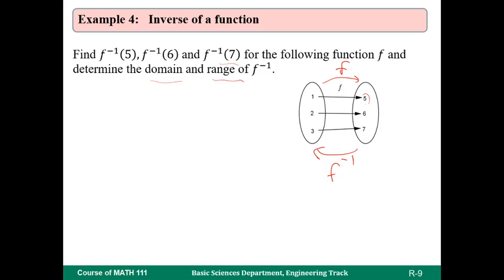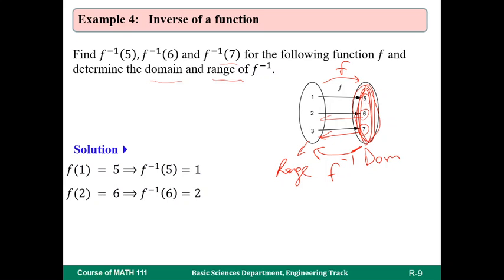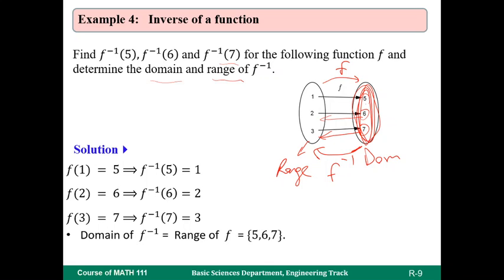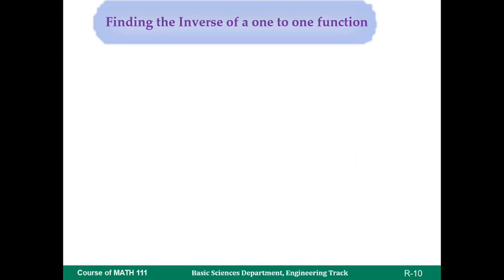It goes back to 1, 6 goes back to 2, and 7 goes back to 3. And what about the domain? The domain of f inverse is the range of f, so these are the inputs, and this will be the range of f inverse. Here are the sets in list notation.